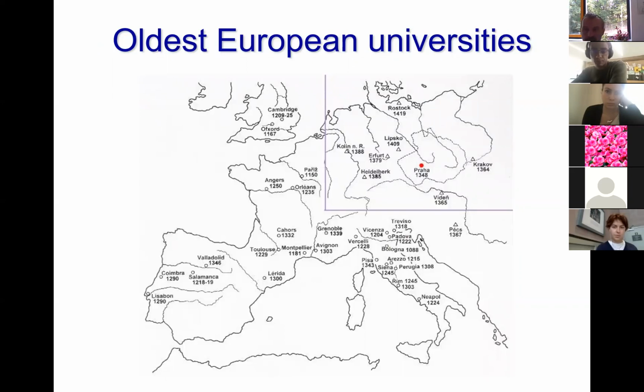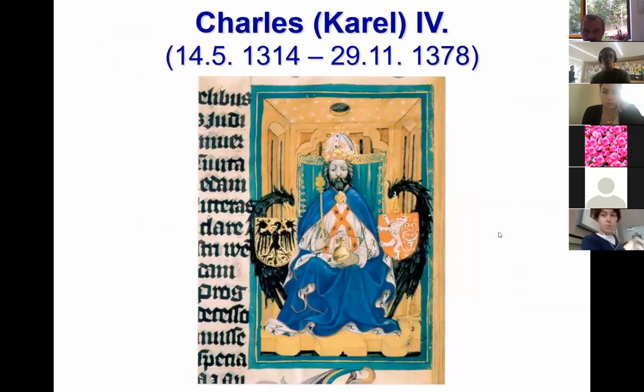Just to tell you that our university is very old and is the oldest north of the Alps and east of the Elbe. And the founder of the university was the Emperor Charles IV. And you can see here this big-tailed lion, which is a symbol of the Czech Kingdom.